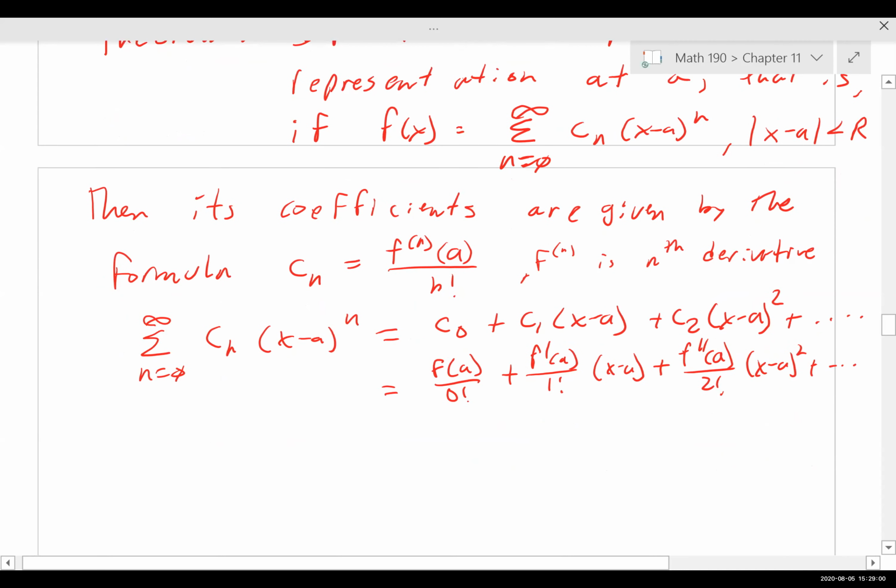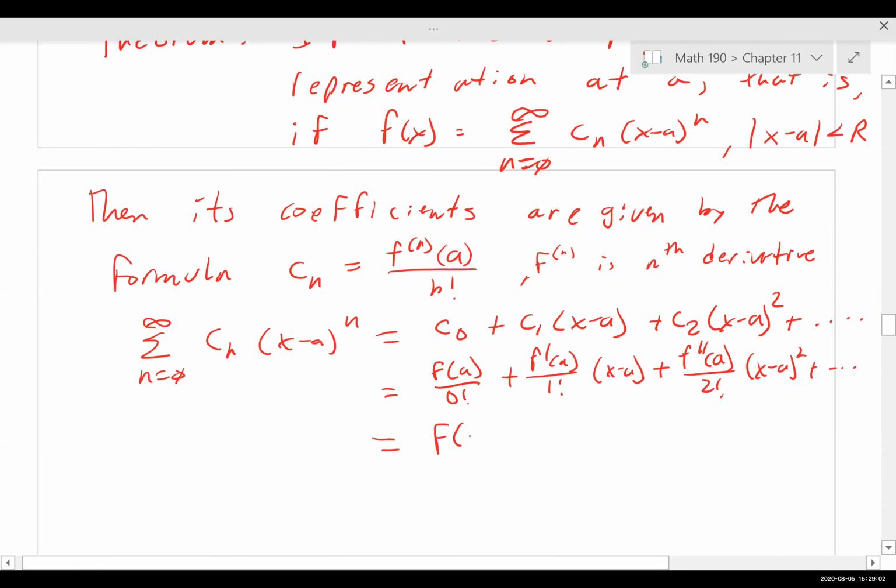We can clean this up a little bit by saying this is just f of a plus f prime of a times (x minus a) plus, I could still put this over 1 factorial, it doesn't matter, f double prime of a over 2 factorial, just so you know there's a pattern here, times (x minus a) squared plus dot dot dot.